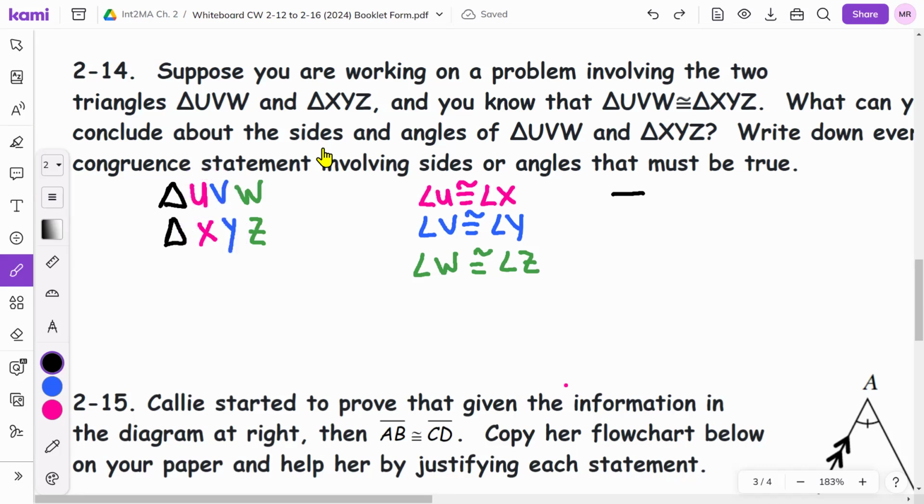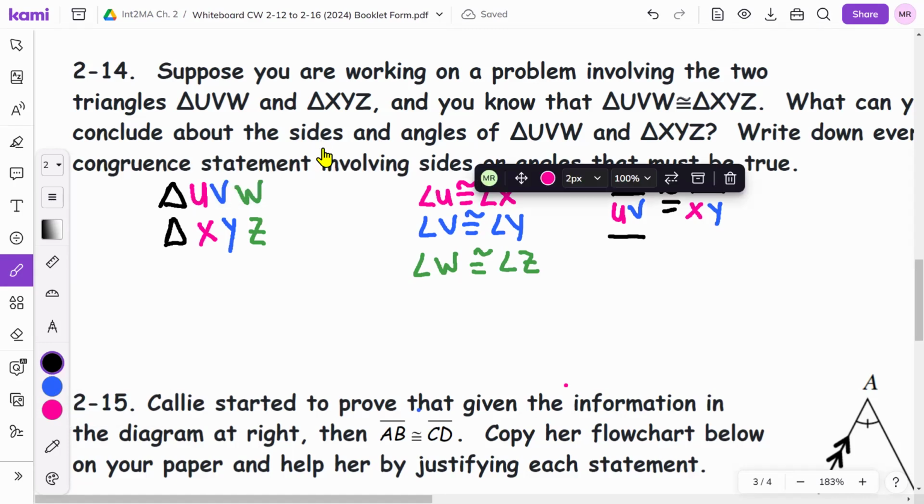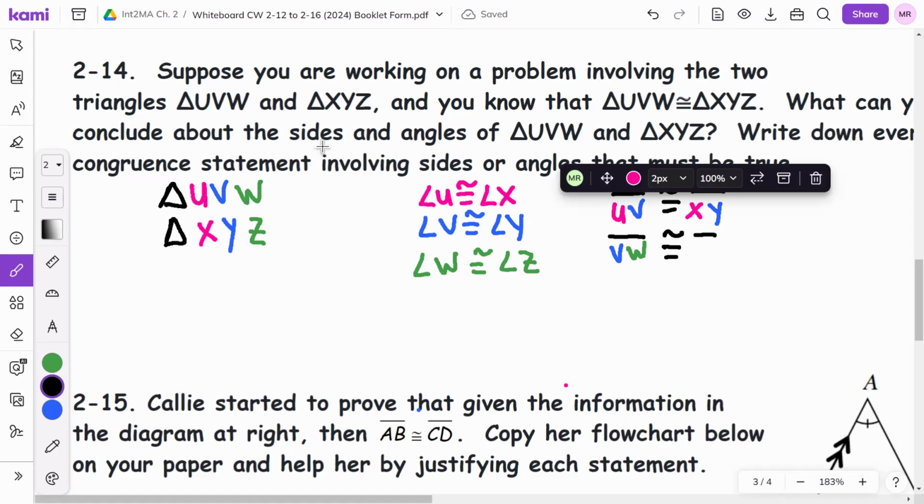So I am going to say line segment UV is congruent to line segment XY. Okay, let's say I do this pair here, VW and YZ. So I can also say that VW is congruent to line segment YZ, since VW corresponds with YZ.